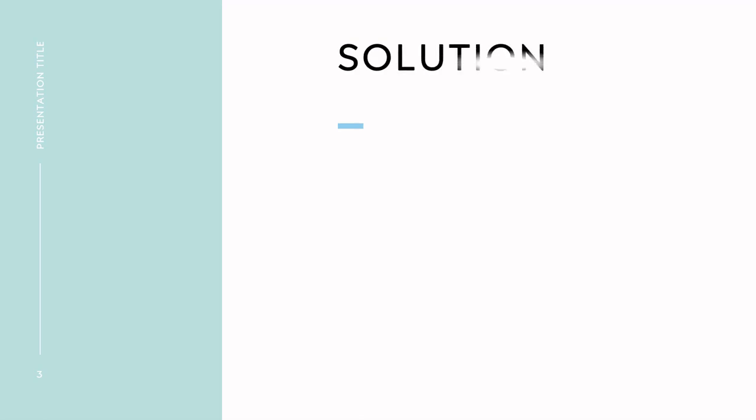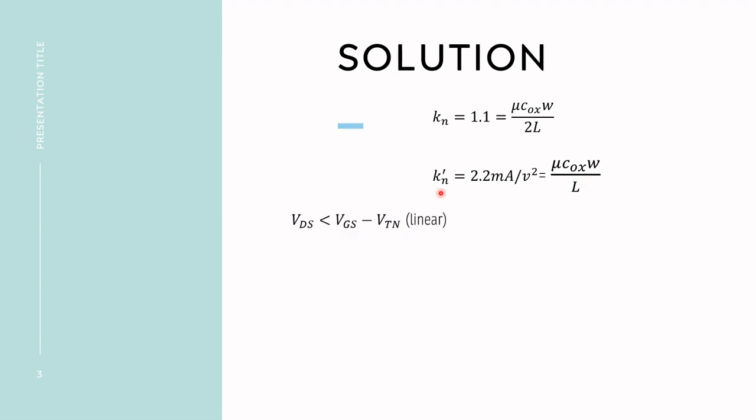So here is the solution. First of all, we consider Kn equal to 1.1, that is equal to mu Coxw divided by 2L. Then Kn prime equal to 2.2 milliampere per volt square, that is equal to mu Coxw divided by L. When we get Kn prime, then we have to decide in which region we have to consider. We consider VGS minus VTN, that is greater than VDS.